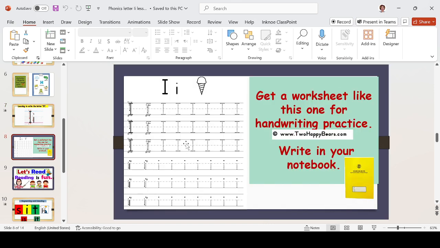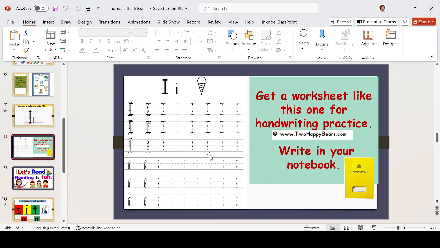So now we are going to have more practice. We are going to use a worksheet. If you have a worksheet like this one, you can take it out, or if you have a book, you can go to a bookstore and buy a book with letters like this. So we start with this one, tracing. You can also visit this website and download the worksheets for handwriting practice.